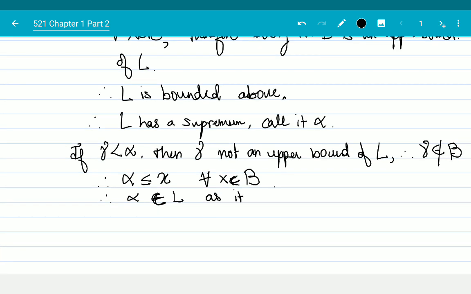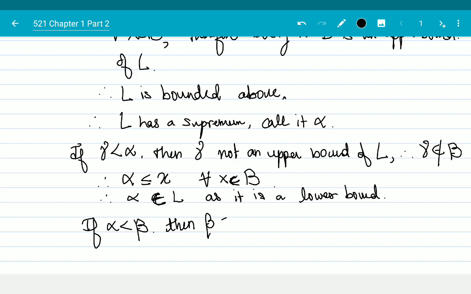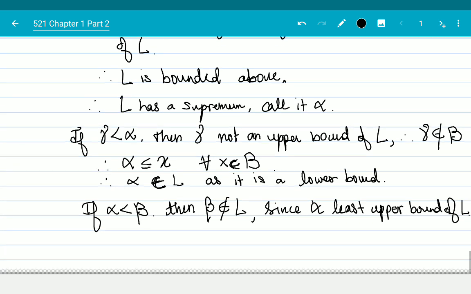Okay, and if alpha is smaller than beta, then beta is not in L, since alpha is the least upper bound of L. Well, what does that mean?